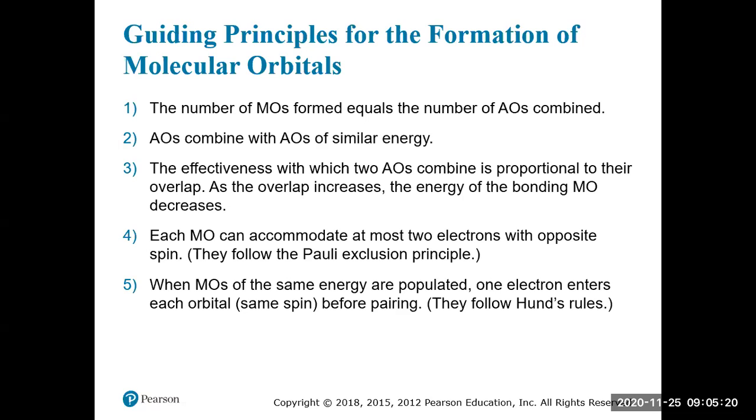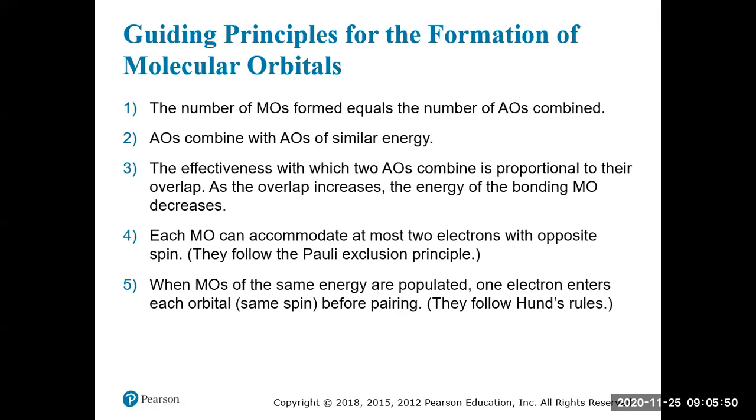In the 2 cases we looked at, it was straightforward because we were looking at diatomic molecules with the same atom, either hydrogen or helium, so those energy levels are the same. If we had different atoms, we would have to make sure that the atomic orbitals we're combining are similar in energy.